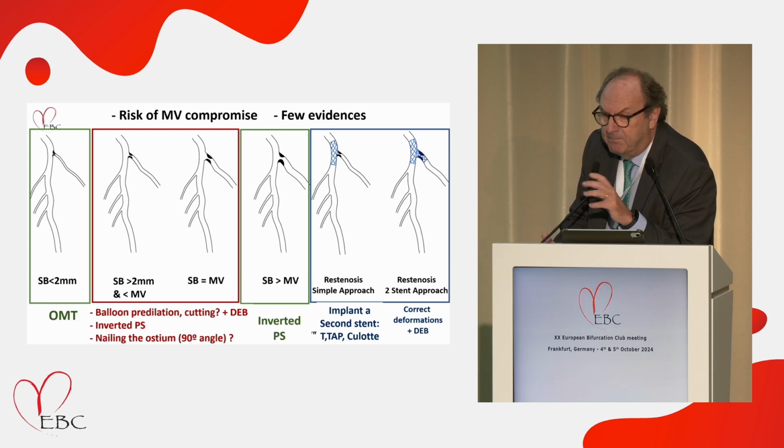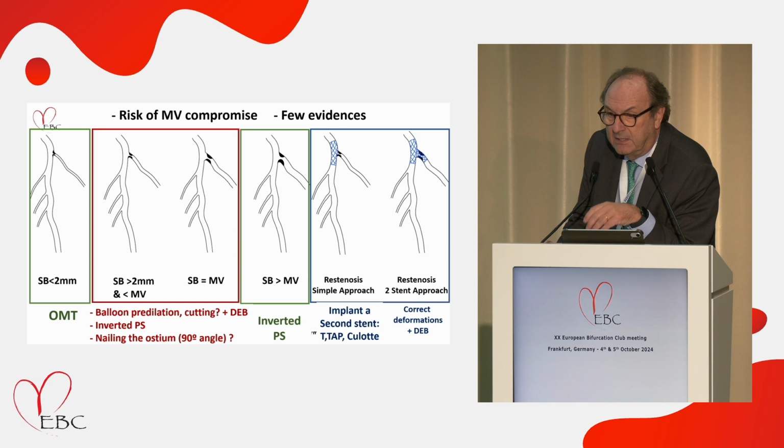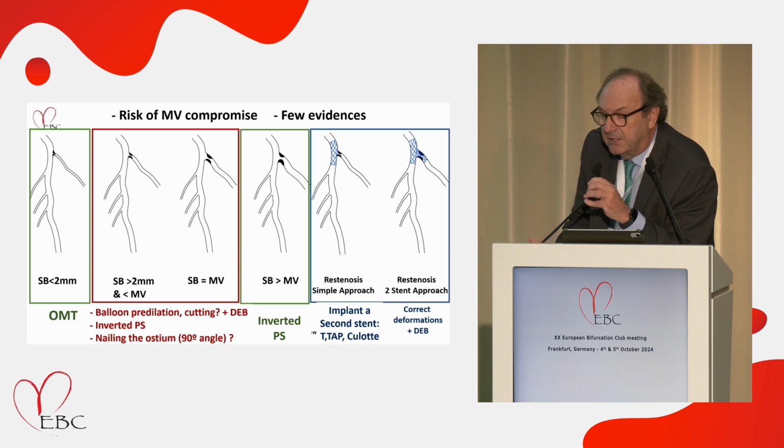When the side branch is equal to the main vessel, you can use the inverted provisional stenting and change the mother for the daughter. So treat the lesion as a 010.